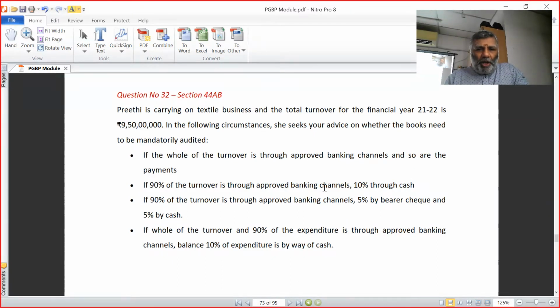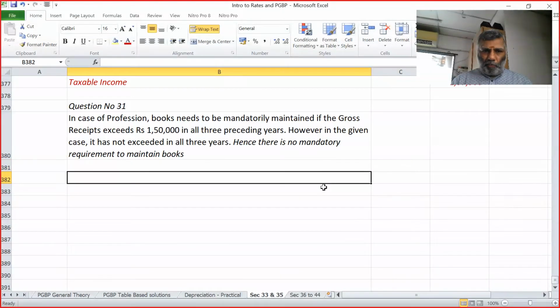In the following circumstances, she seeks your advice whether the books need to be mandatorily audited or not. A. If the whole of the turnover is through banking channels.